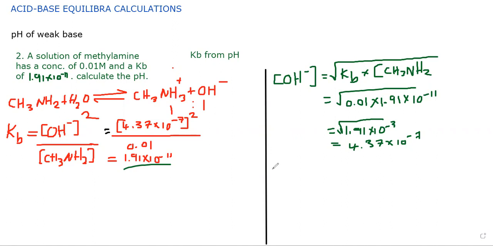Once you have that, you go ahead and you calculate pOH. So that's negative log, 6.36.